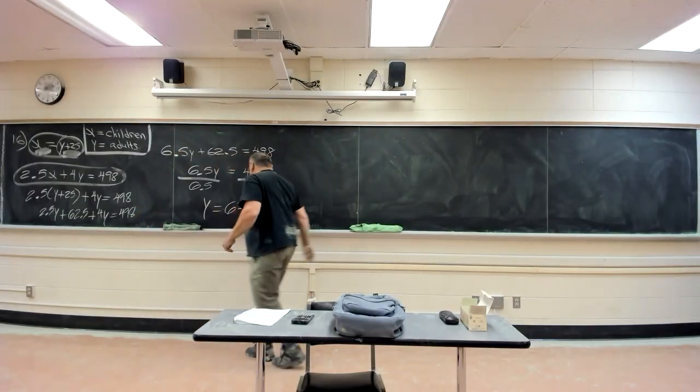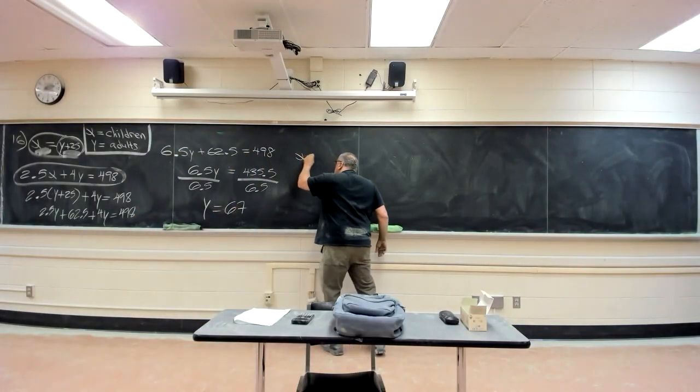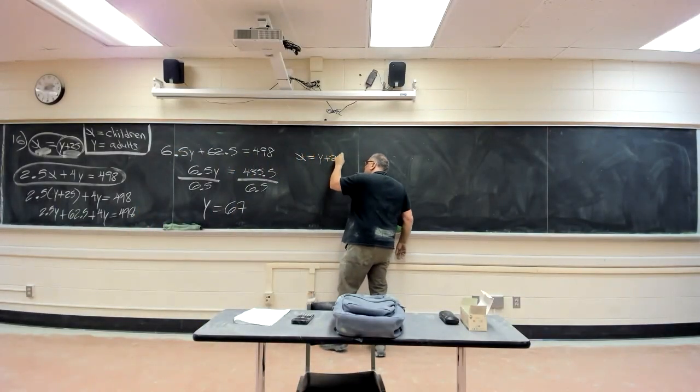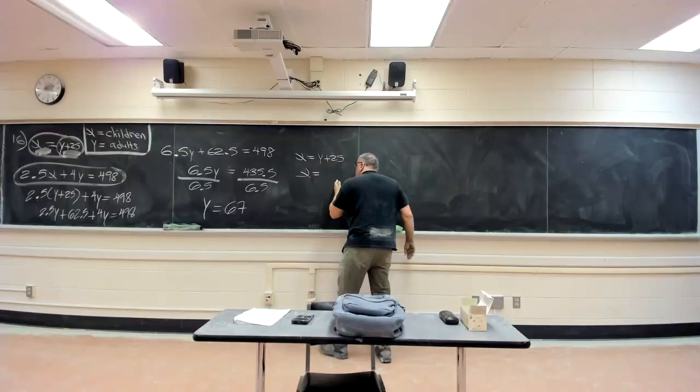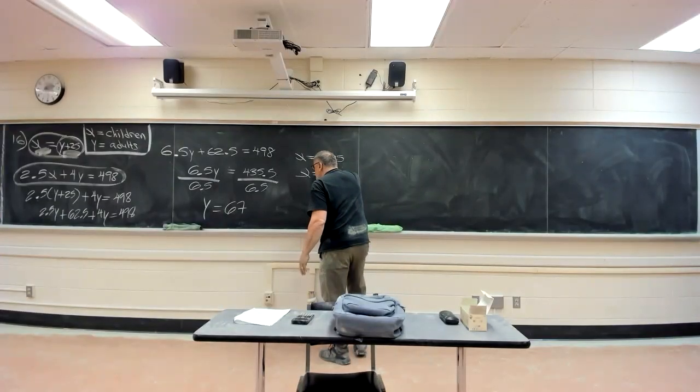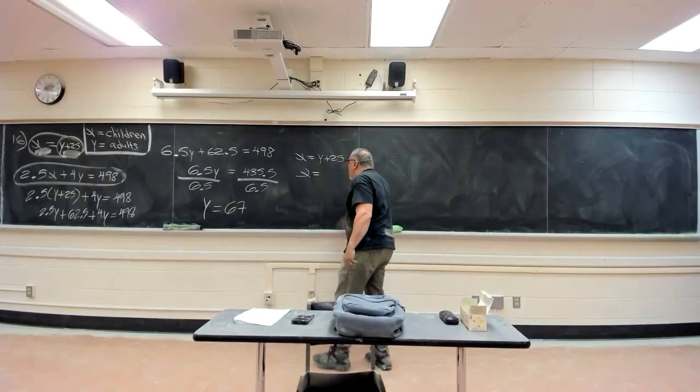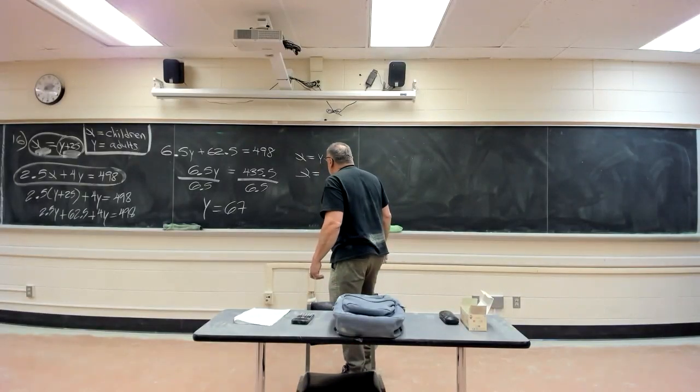The children are more numerous by 25 people. Add 25 to 67, so it's going to be 25 more people than 67.